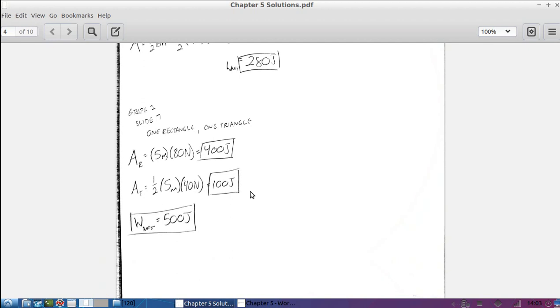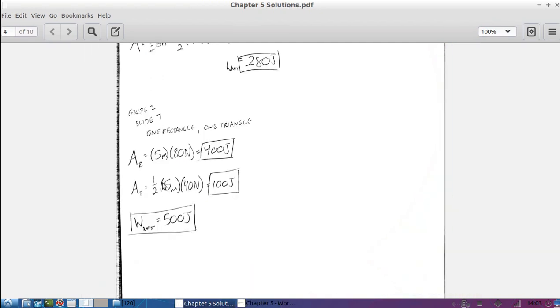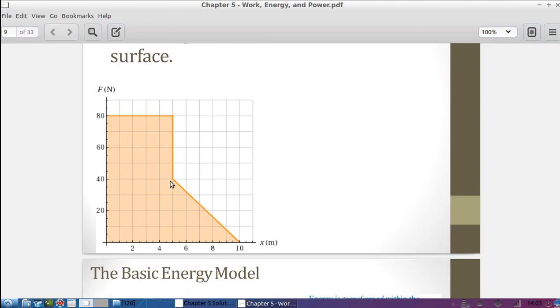The rectangle has a height of 80 newtons and a base of 5 meters. Don't put the 1/2 in there because it's a rectangle this time. So it's the force, 80 newtons, times the displacement, 5 meters, which is 400 joules. The second part of the graph is a triangle. It has a height of 40 newtons and a base of 5 meters, since 10 meters minus 5 meters is 5 meters.